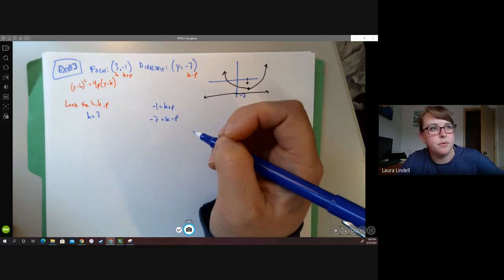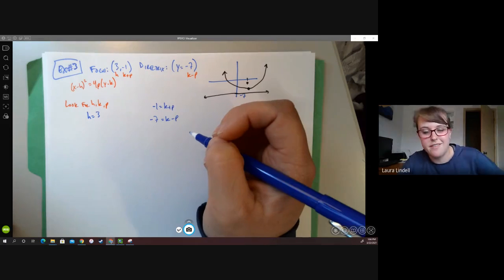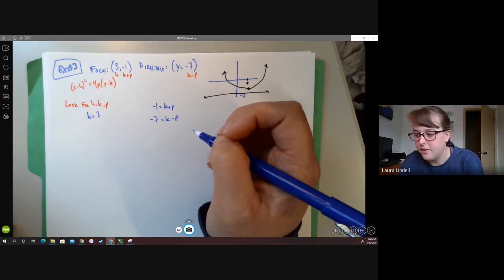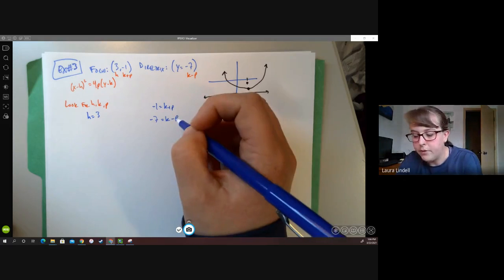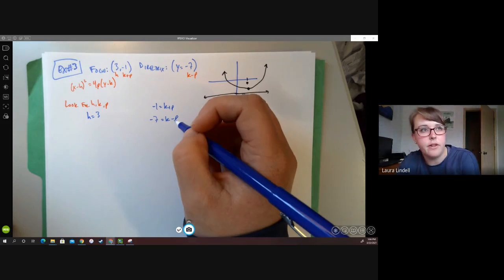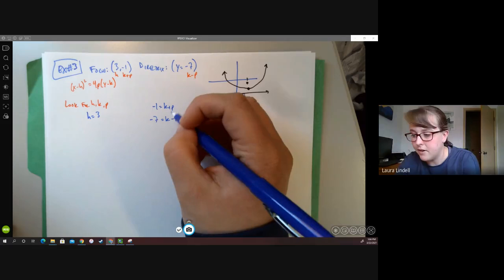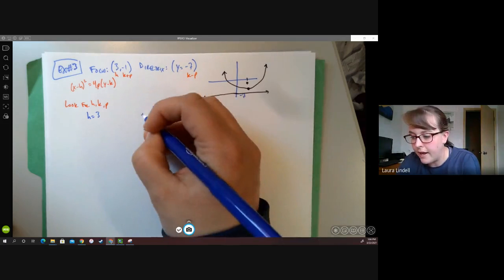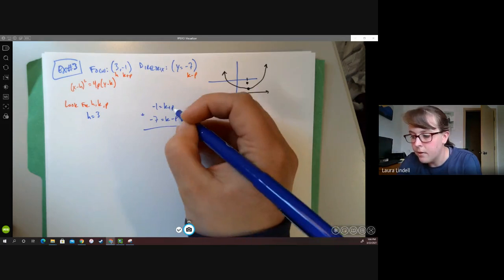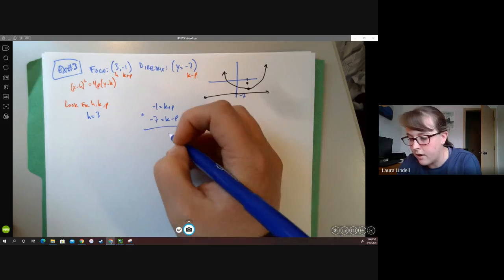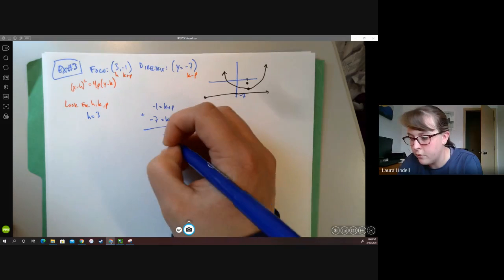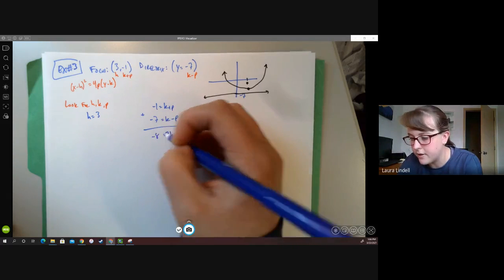Well, look at that. We have 2 equations and 2 unknowns. So you can use elimination or substitution to solve these. I kind of like elimination here. It's set up very well for that, because if I add these 2 equations together, p and -p cancel each other out. We're left with 2k and -8.